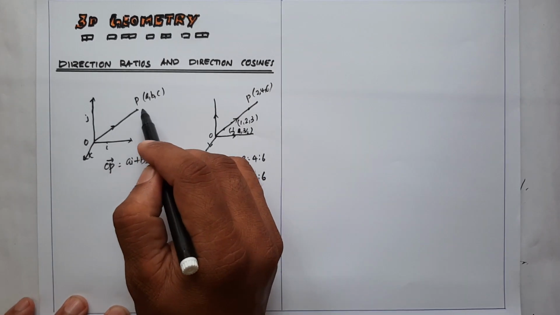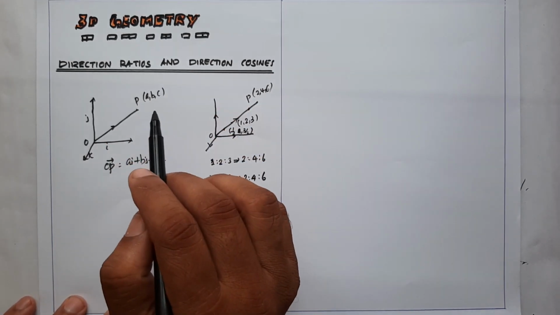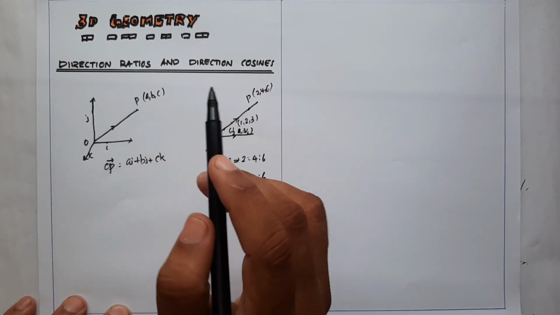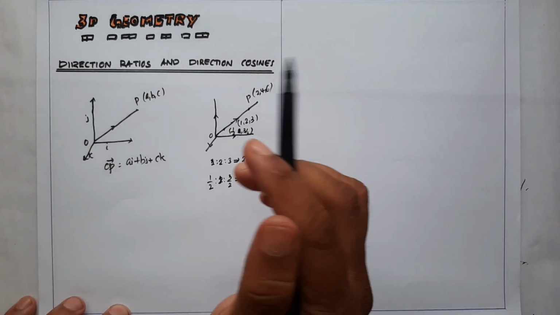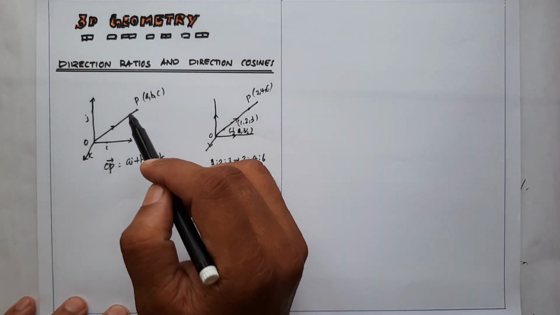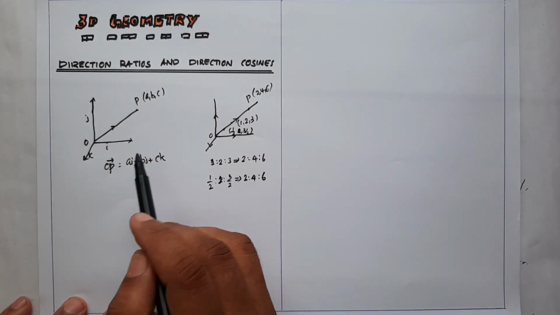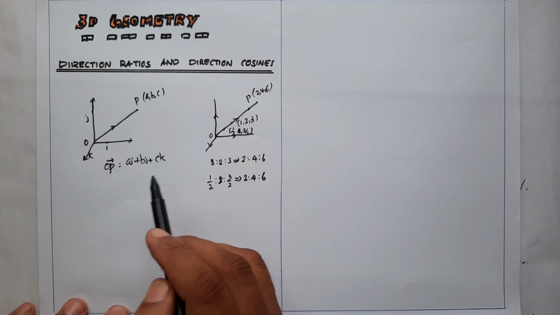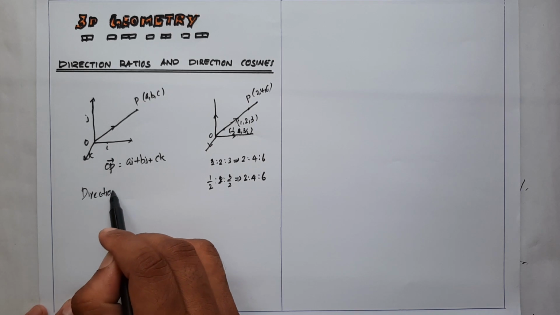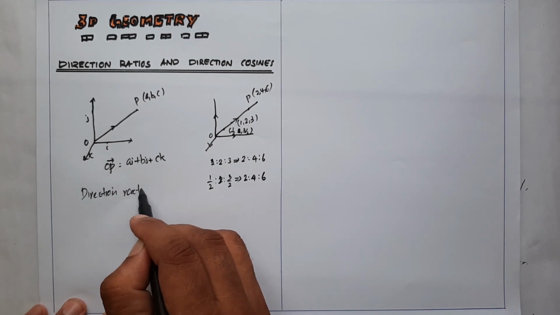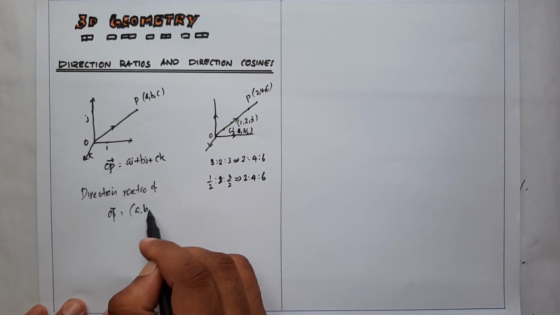Okay, that means here P(a, b, c) is any point on the vector OP, then a, b, c are called direction ratio of vector OP, because for any point we take on OP, the ratio of the coordinates finally gives a, b, c. So the direction ratio of OP is a, b, c. The position vector of OP equals a i plus b j plus c k. Here the direction ratio of vector OP is a comma b comma c.